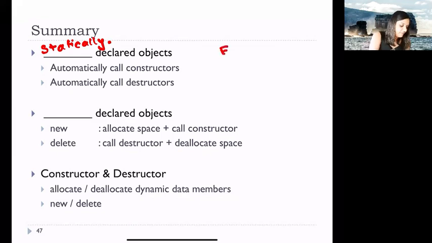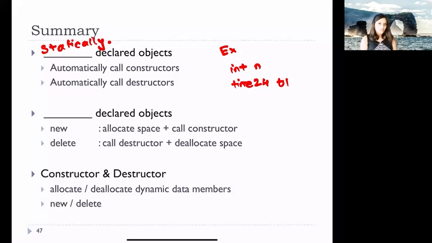For example, if we declare an object like int n, or if we are using a class, then something like the Time24 class, and we declare an object t1 of that class. This is your statically allocated object. For every statically allocated object, you don't need to call the constructor, you don't need to call the destructor. The computer by itself automatically calls the constructor and it automatically calls the destructor.